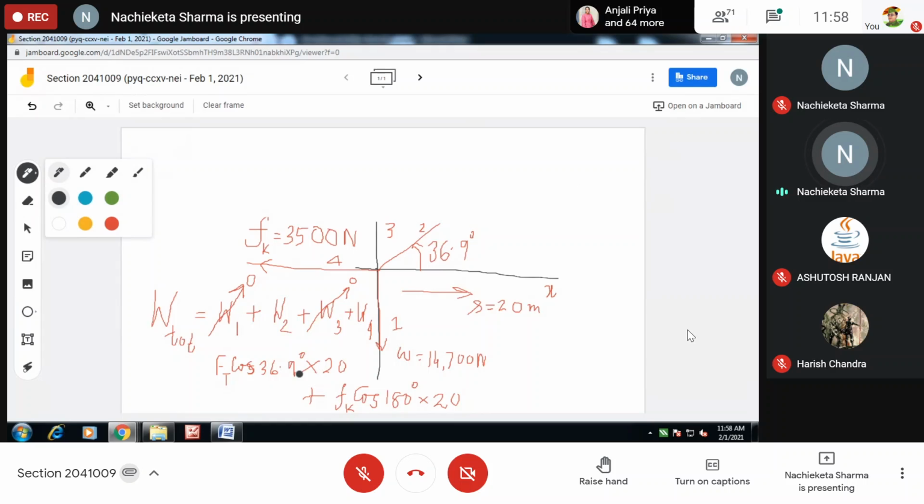So cos 36.9 degree is 0.8. So 5,000 into 0.8 into 20. 0.8 means 8 by 10 into 20.